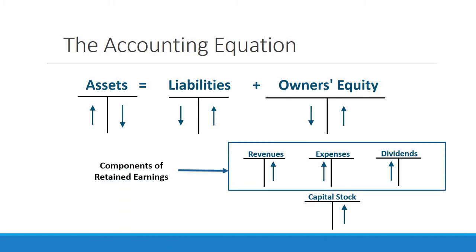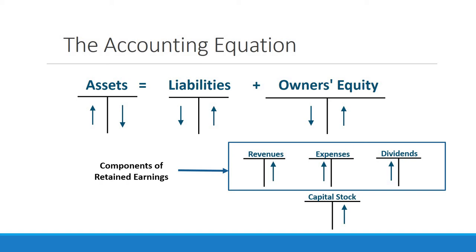And remember that the revenue, expenses, and dividends are our components of retained earnings. So how do we increase a revenue account? Well, we put something on the credit side, or we credit that account. If we want to increase an expense or a dividend account, we would put something on the debit side or debit those accounts. And then finally, capital stock, which is the other component of owner's equity. If we wanted to increase the capital stock account, we would credit that account or put something on the right side, the credit side of the capital stock account.